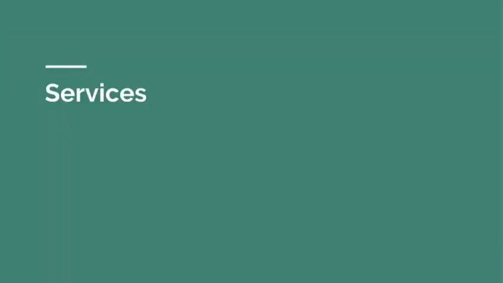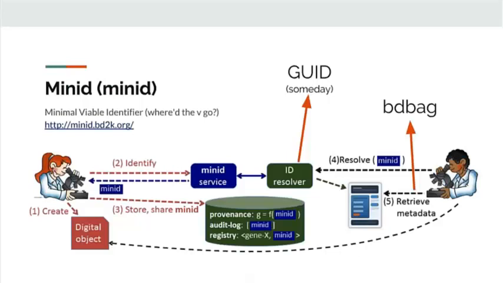Then I'm going to go into some of the services. So MiNiD is the minimal viable identifier, so not quite the GUID, but it's the MiNiD.